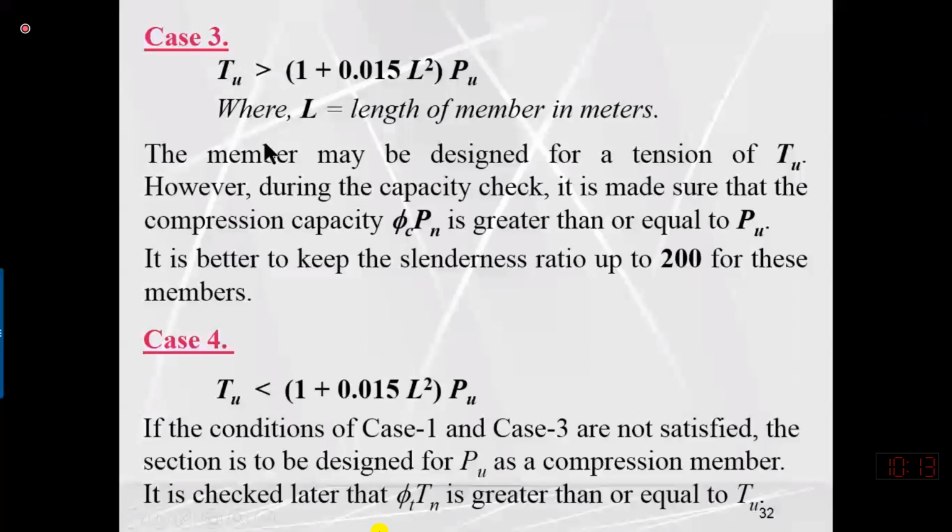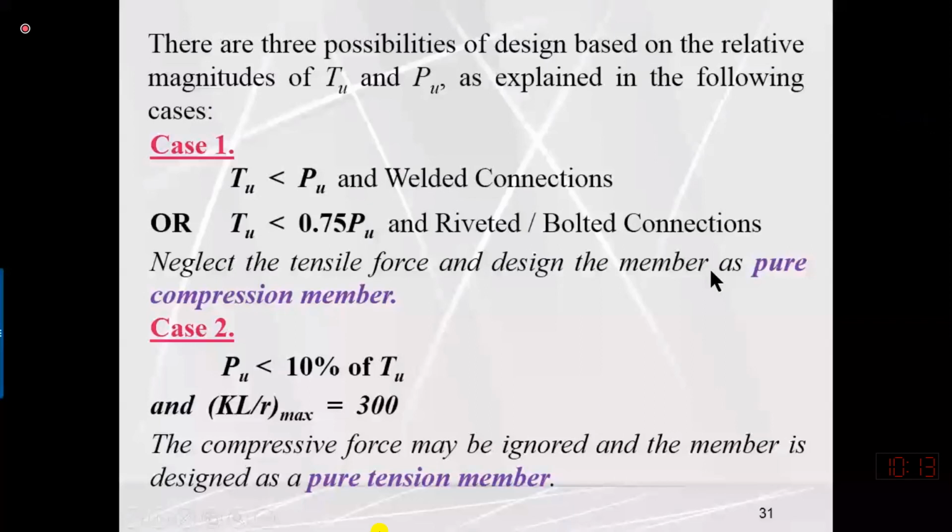Or in other words, if case one is satisfied, the member is a pure compression member. If case one is not satisfied and case two is satisfied, then the member is a pure tension member. If case one and case two are both not satisfied, then we obviously have case number three.